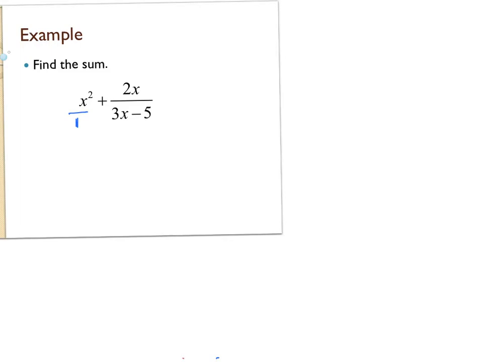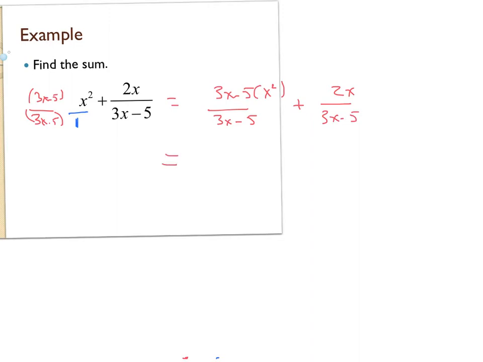So I'm just going to multiply the numerator and the denominator on the left-hand side by 3x minus 5. And so I'm going to have 3x minus 5 times x squared all over 3x minus 5. And I'm going to add that to the term that we didn't have to change because the denominator was what we needed it to be.